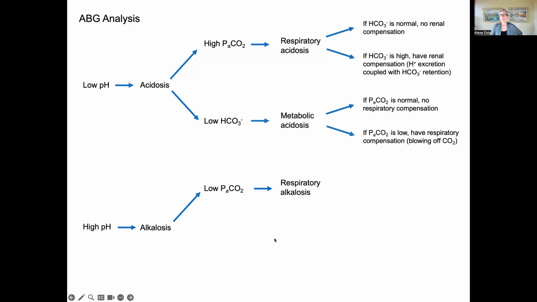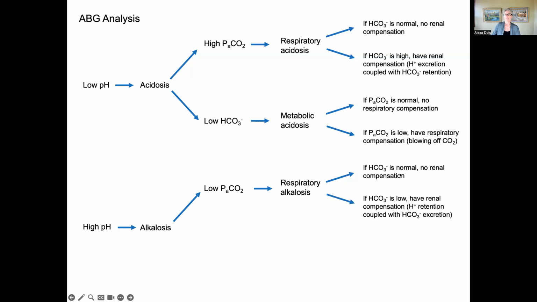In that particular case, if somebody is having a panic attack, we are not going to draw an ABG just to see how alkalotic they are. We can see what's going on. We are going to try to get them to slow their breathing down or rebreathe their carbon dioxide. Okay, so usually this is a bit of a moot point because we're not going to draw an ABG, but in an acute situation of acute respiratory alkalosis, bicarb is going to be normal because the renal compensation hasn't kicked in yet.